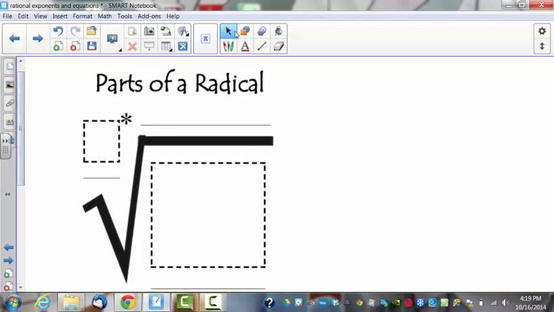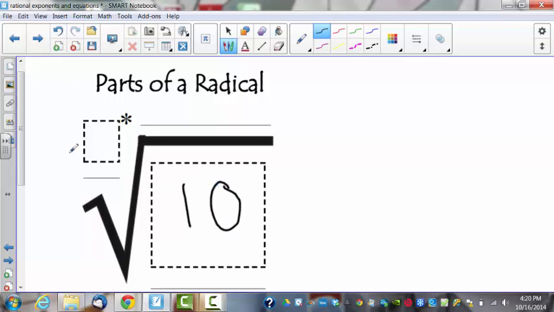So let's go ahead and write down just a number here, and let's say this is the cube root of 10. So this number is called the index.